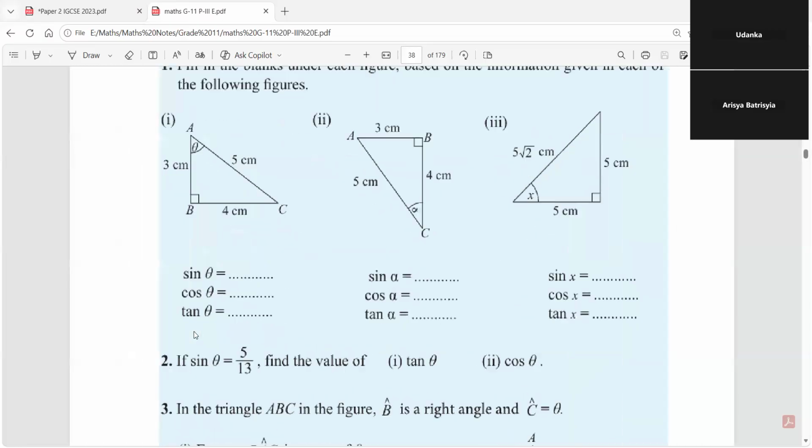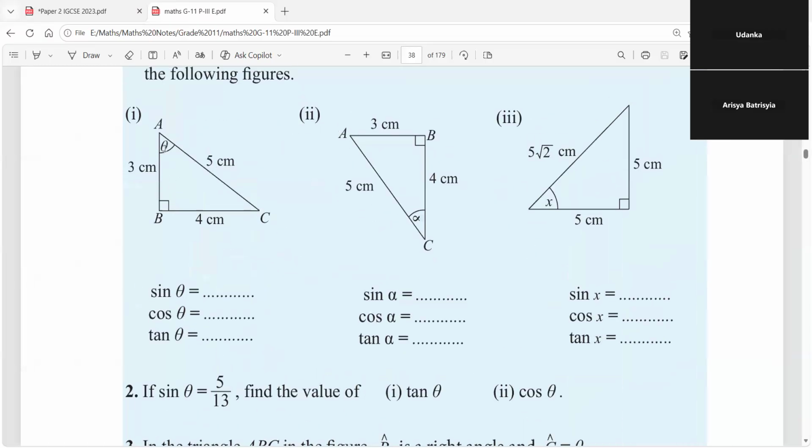According to this angle, what is the opposite side? Here is the opposite side. With the angle is the adjacent side. In front of 90 degrees is the hypotenuse. Is that clear?